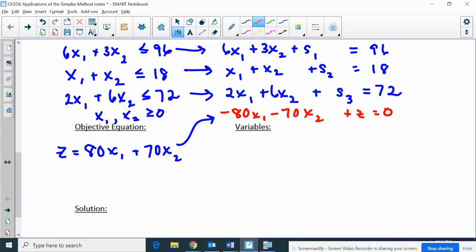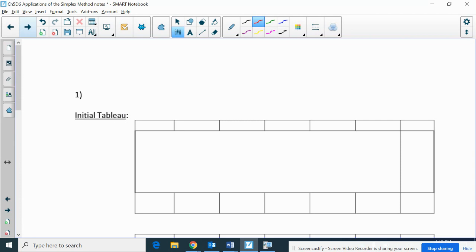So now I'm going to take this whole part right here and put that into my tableau on the next page. So I'm going to set up my initial tableau. I'm going to label x sub 1, x sub 2, s sub 1, s sub 2, s sub 3, and z.